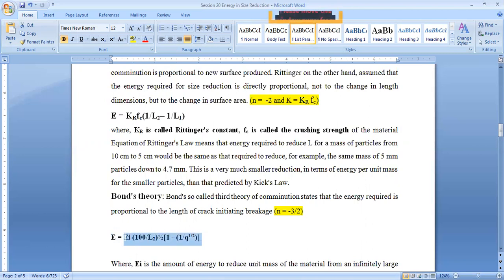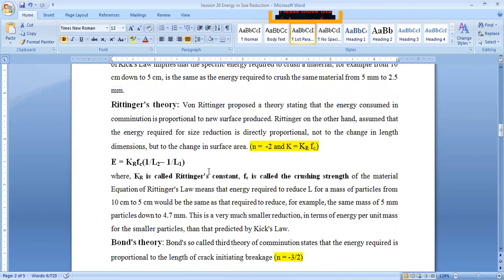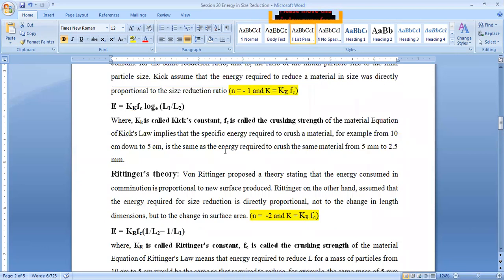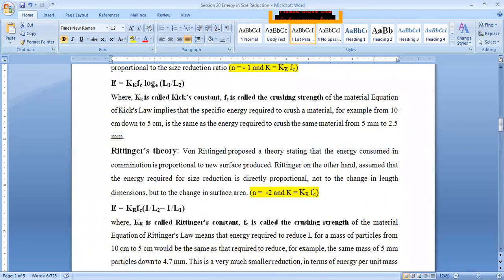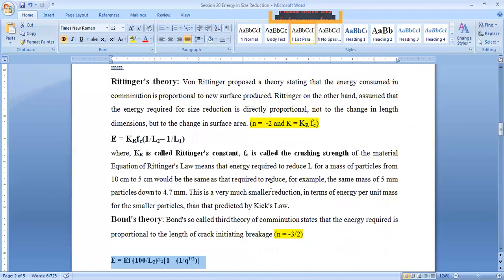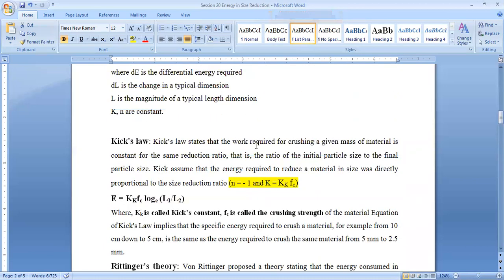So these are three empirical theories, Kick's law, Rittinger's theory and Bond's theory, where the values of n and K are different. One speaks of length, one of area, and one again of length, but they differ in the values of the constant n.